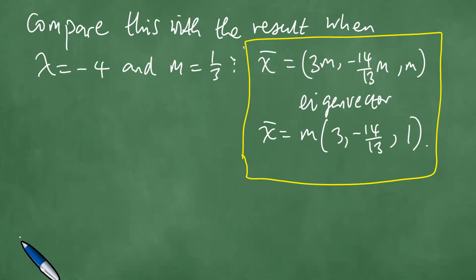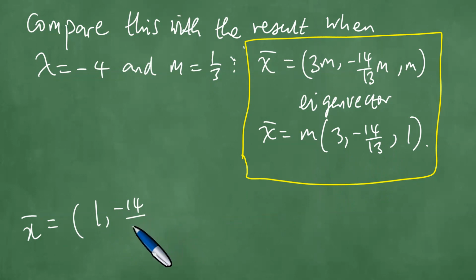And then you have x. If you take m to be 1/3 in this, that's going to be 1. Put the 1/3, it is going to be minus out of 39, and then it's going to be 1/3.